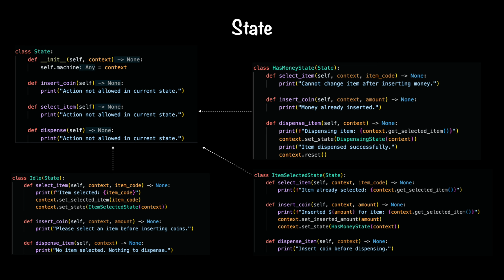Later, the vending machine will trigger dispense item from has money state. This is how the product will be dispensed. So this is the entire flow. You can think of, why does the idle class require insert coin or dispense item? Imagine a user comes to the vending machine and doesn't select any item. He or she will just insert a coin. That is not our desired flow.